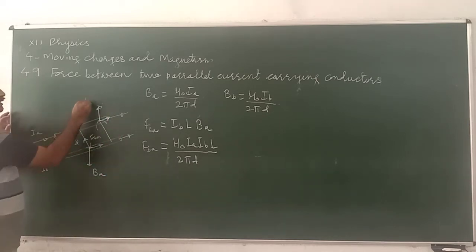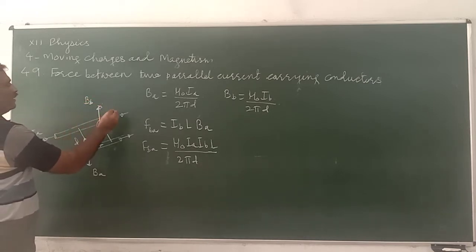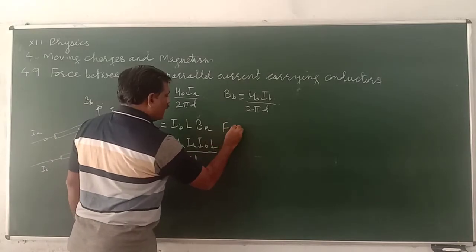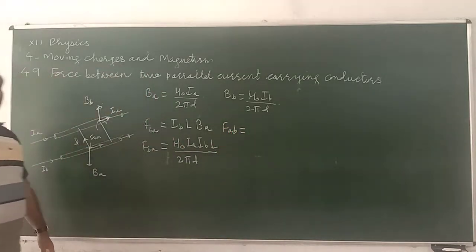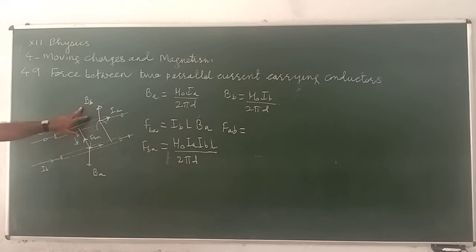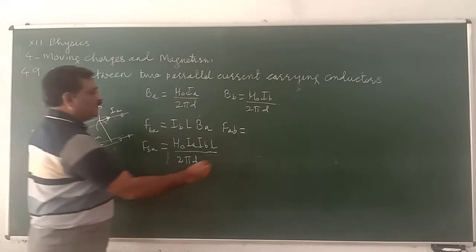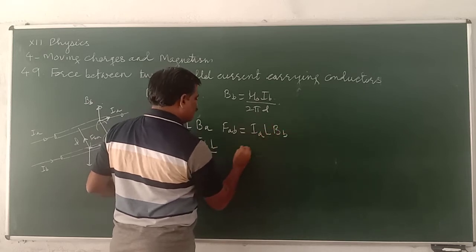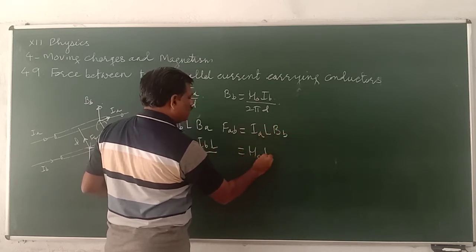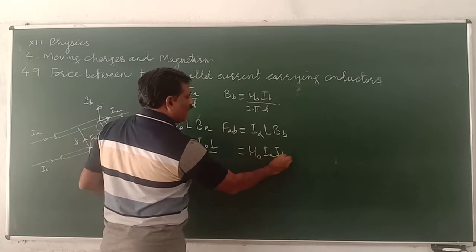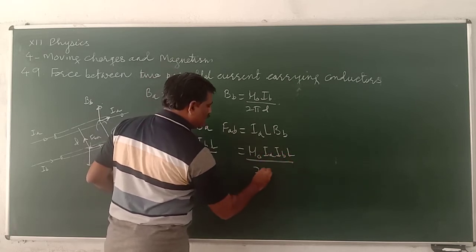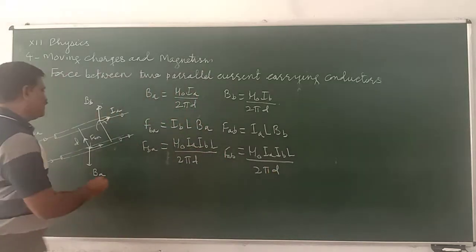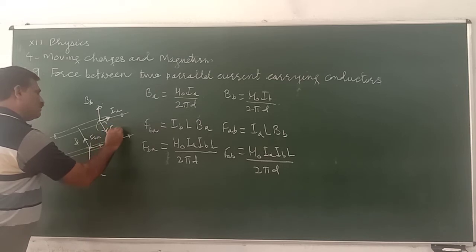The current is IA. Again, the force on A due to B is equal to the current through A, times the length, times BB, which is mu 0 IA IB L divided by 2 pi D. But its direction is towards B.